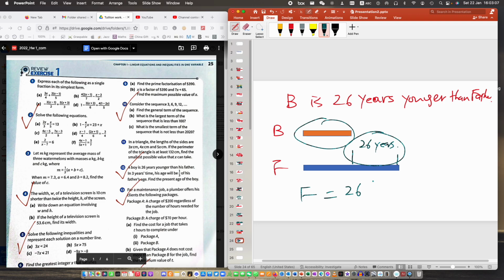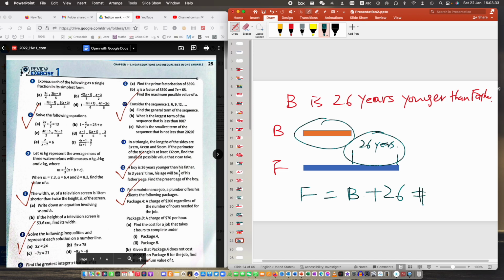Look at this, how do you get the blue one? B plus 26, plus. Okay, so not 26 first, the B plus 26. Just look at the diagram. What I'm trying to say is get your statement into a diagram, then look at the diagram and form this. So F is B plus 26.